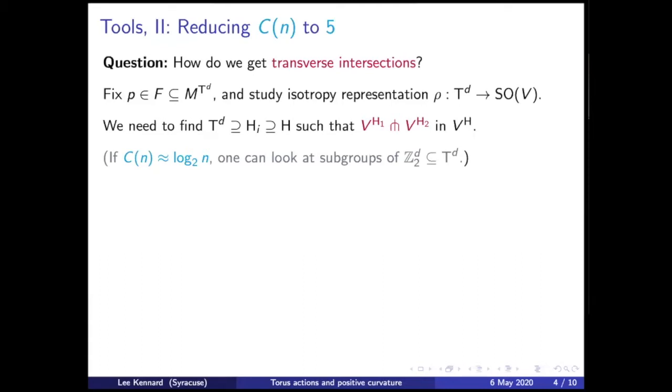If you multiply two of them, it's very easy to see what happens at the level of the isotropy representation. And it turns out that log of n base 2, or I might be off by something, something like log of n base 2, that's the critical value where looking at subgroups of involutions is enough. You need at least that much. So it simplifies our lives to look at involutions, but on the other hand, you're missing out on a lot of other possible subgroups.